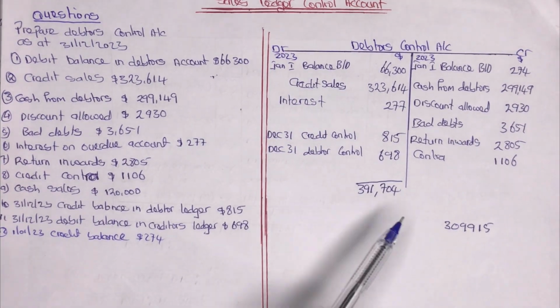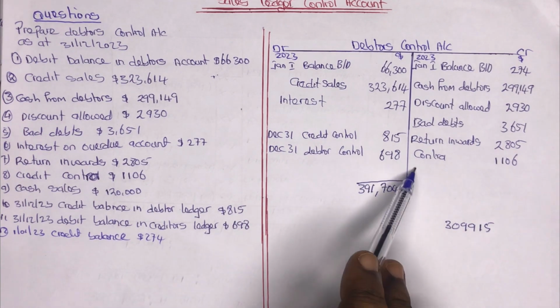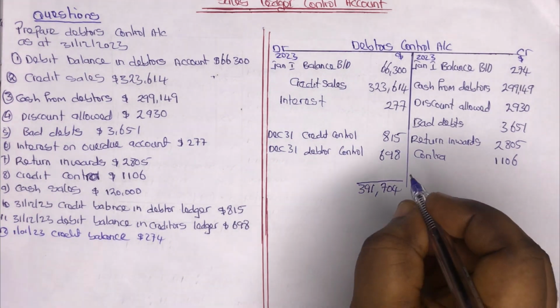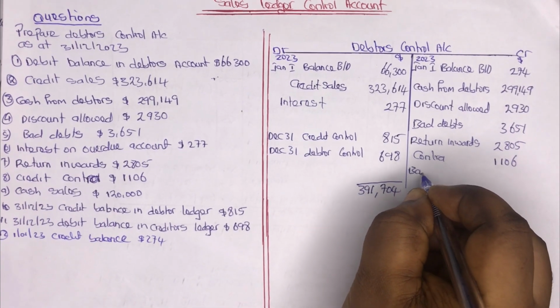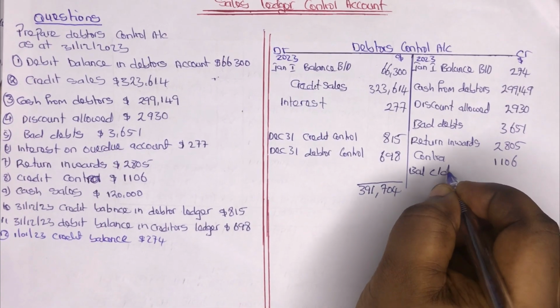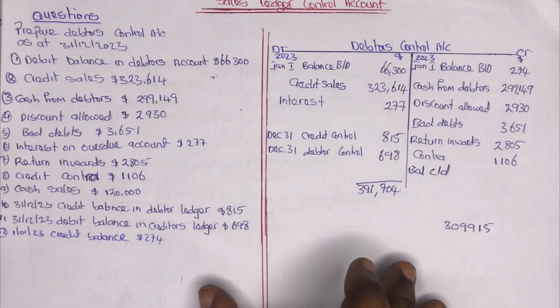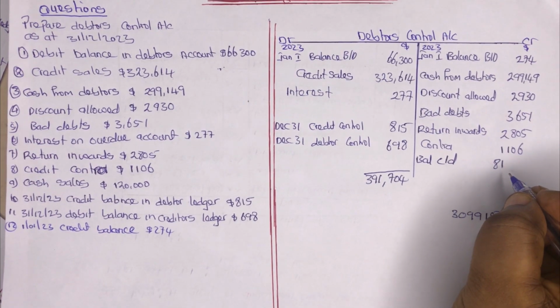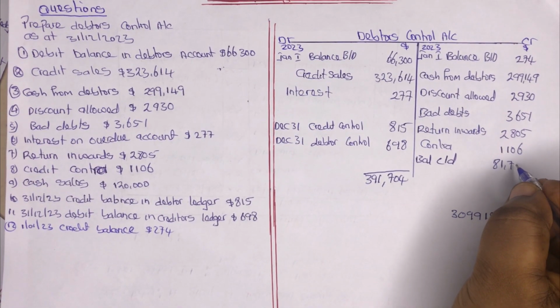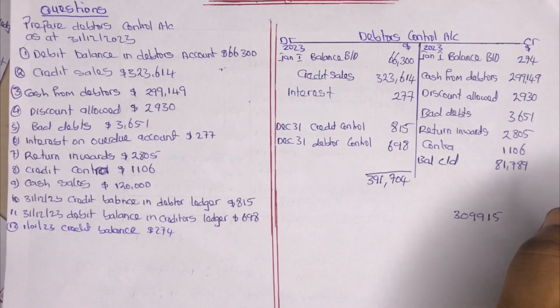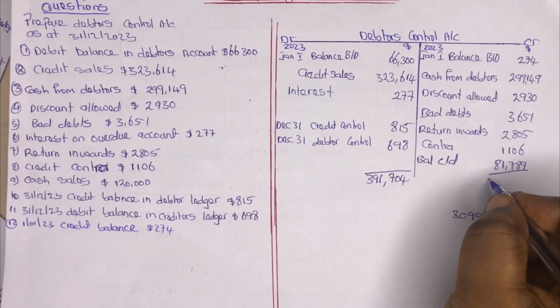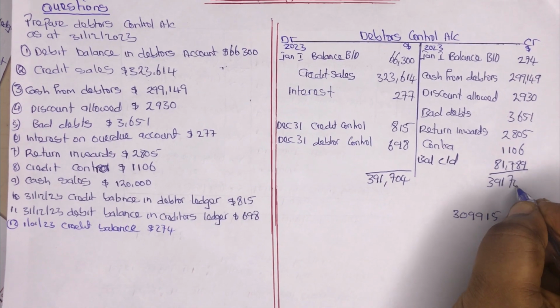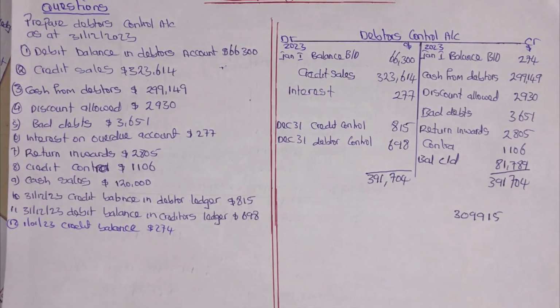So we need to subtract this from this to get the balance carried down, which is the closing balance. If we look for the difference, we have 81,789. So if we put them together, we have 391,704.